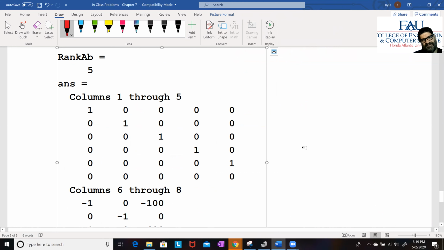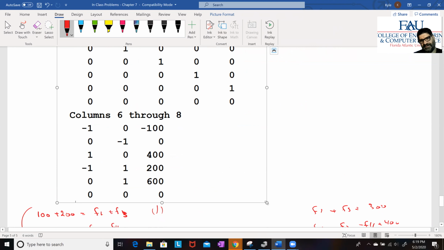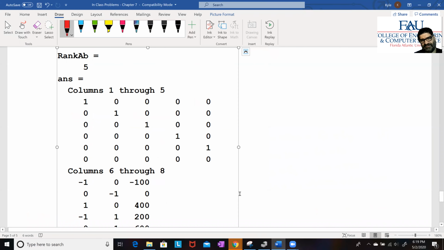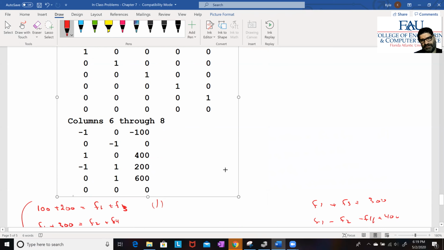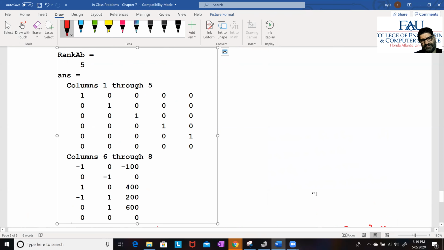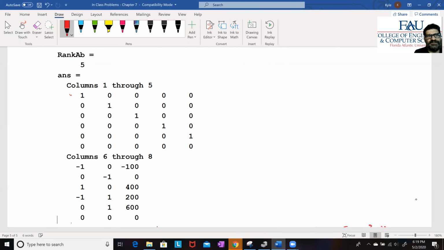But remember, we now have the 6th equation, and the last one has vanished. We have zeros in all columns if you look at the last equation. So this is the first equation, second, third, fourth, fifth, and look at the 6th equation, all zeros to here. Okay.